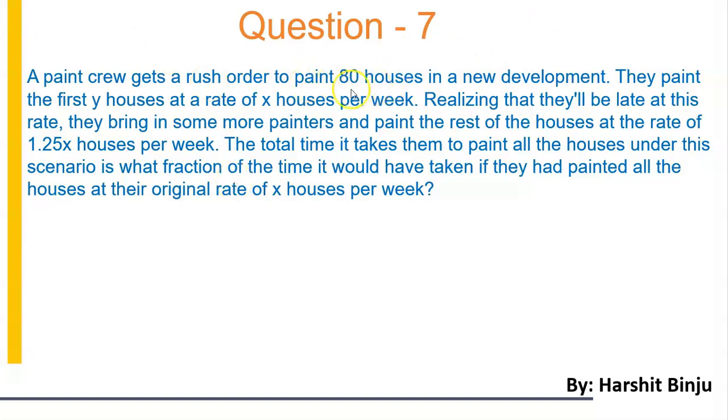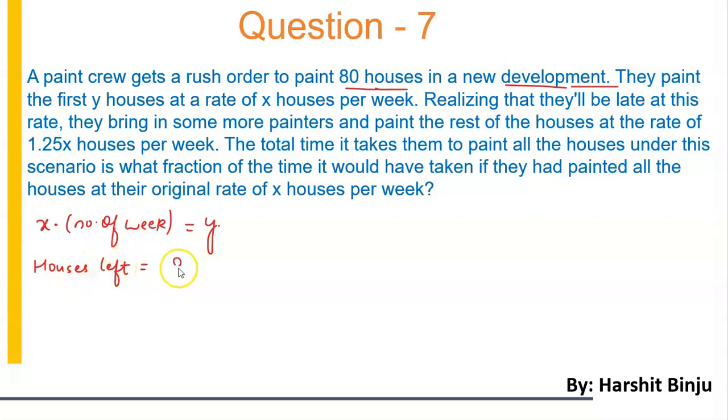So they get an order to paint 80 houses in a new development. They paint the first Y houses at the rate of X houses per week. So I can say X houses per week multiplied by number of weeks, that is rate multiplied by time, is equal to total work, which is equal to Y. Now the houses left is basically equal to 80 minus Y because Y houses have already been painted, right?